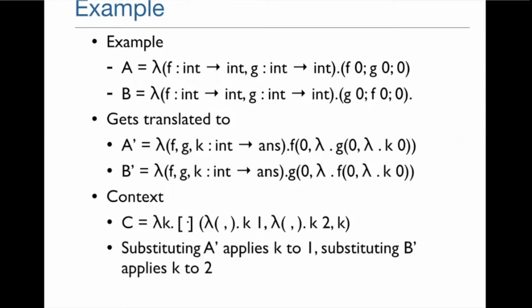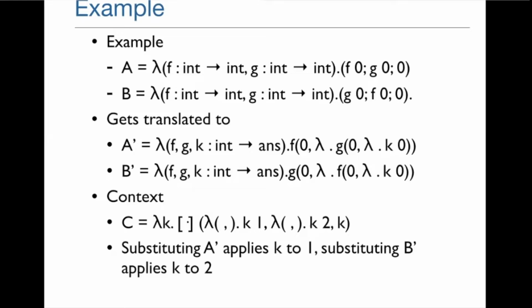So here's an example of how translation can lead to different behavior. Here we're translating from simply typed lambda calculus using CPS translation. We have A and B, which are two expressions that are identical in the source language. F and G are ignored, and the overall answer is 0.